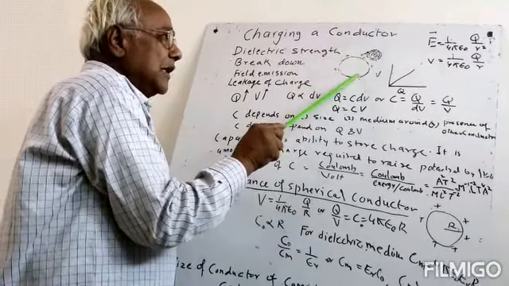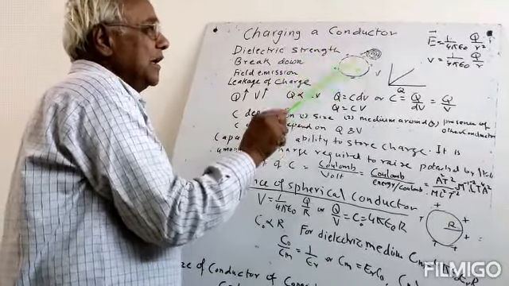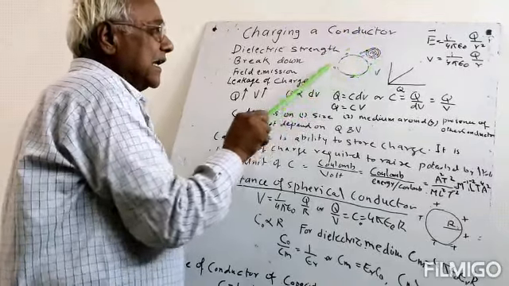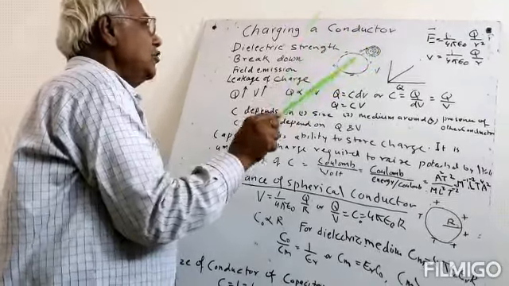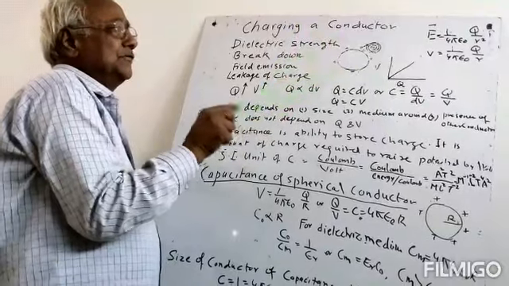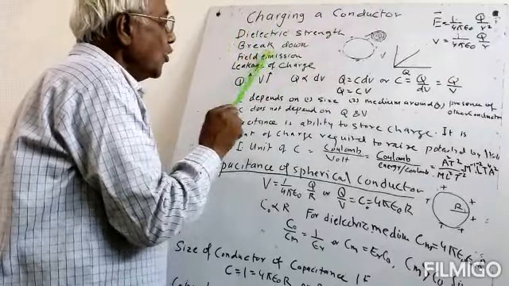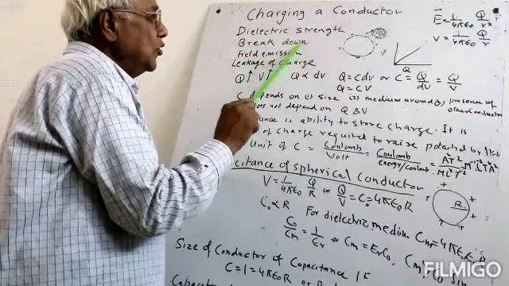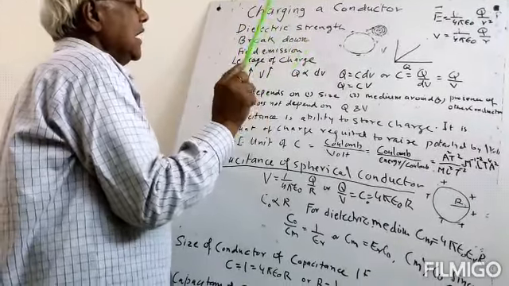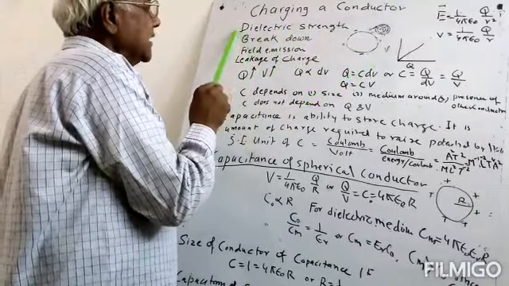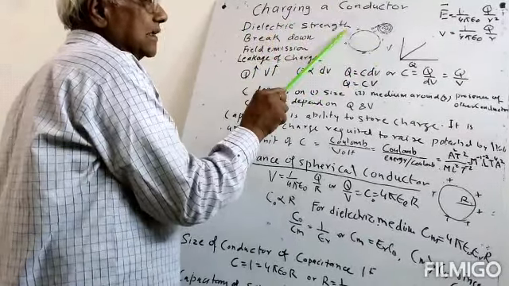So there should not be leakage. Leakage is not possible if the dielectric is not ionized. So the maximum limit up to which we can give the electrical field so that there is no breakdown, means there is no leakage of current, that field is known as dielectric strength.